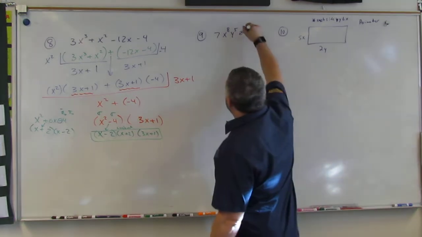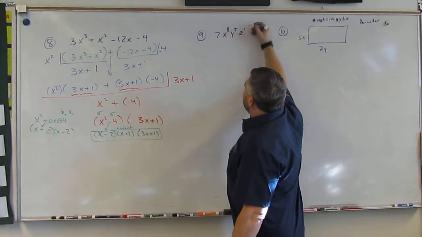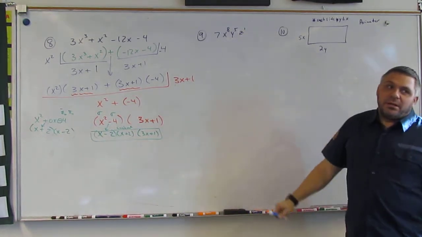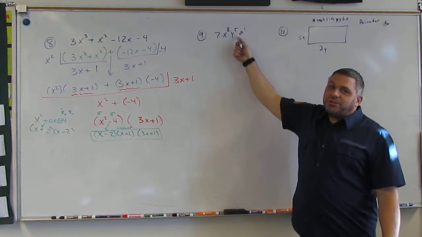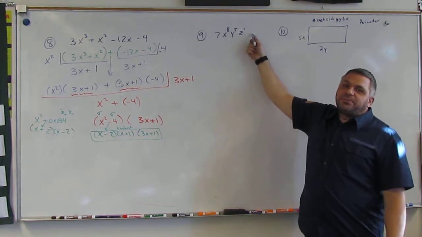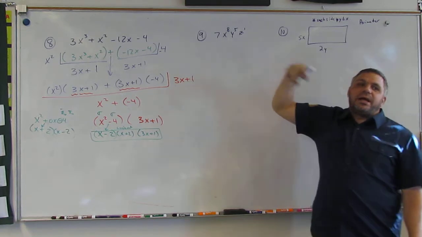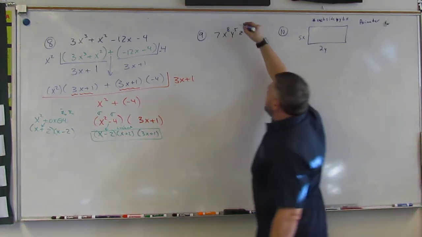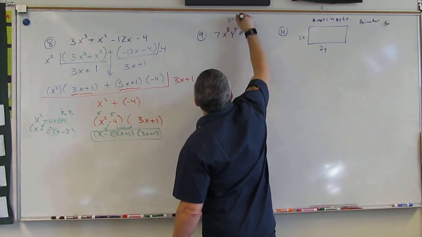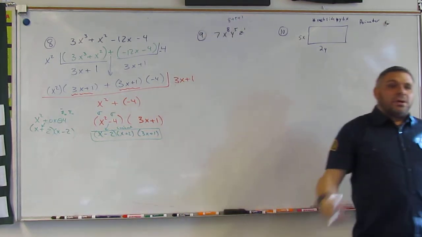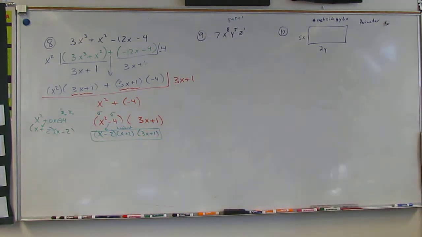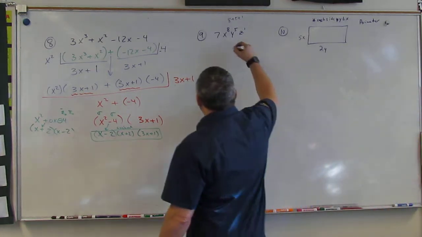Now think of this. There's a 1 right here. Now when these are multiplied, we're going to add the exponents. So we're saying 8 plus 5 plus 1. What is 8 plus 5 plus 1? 14.